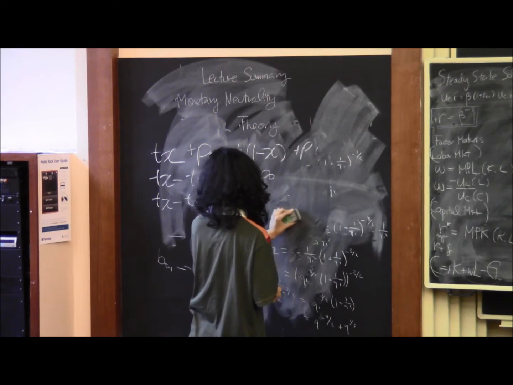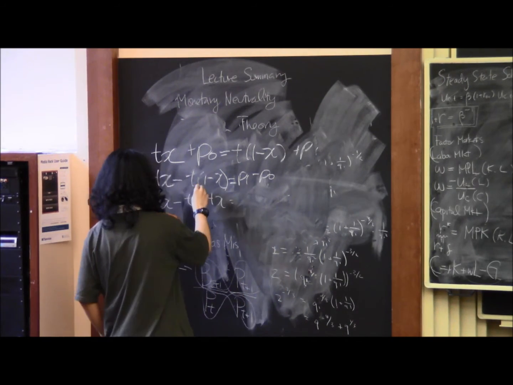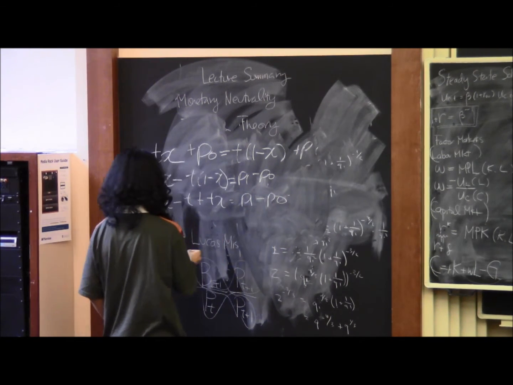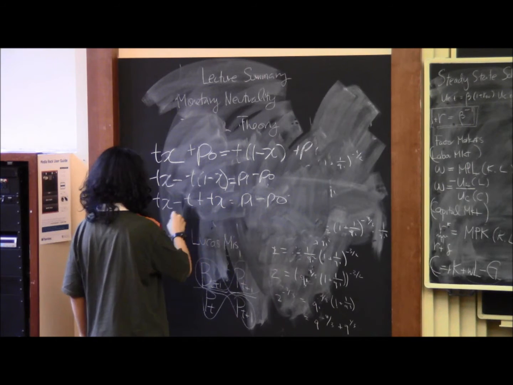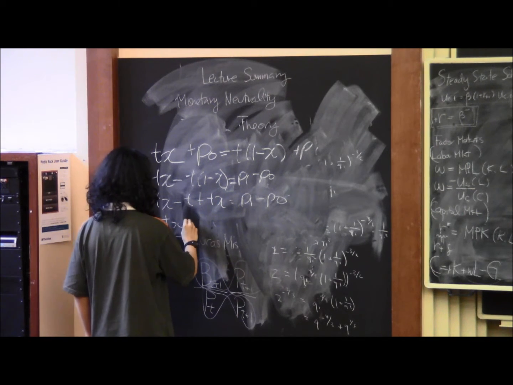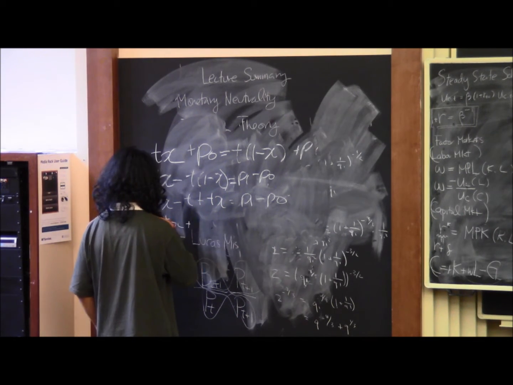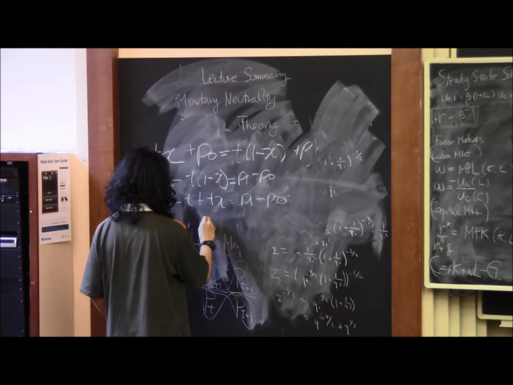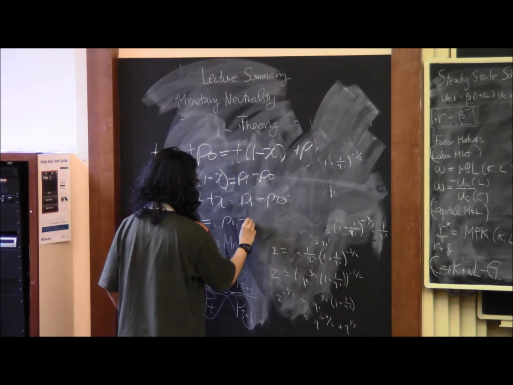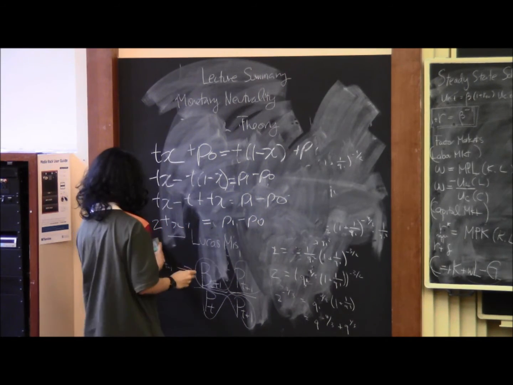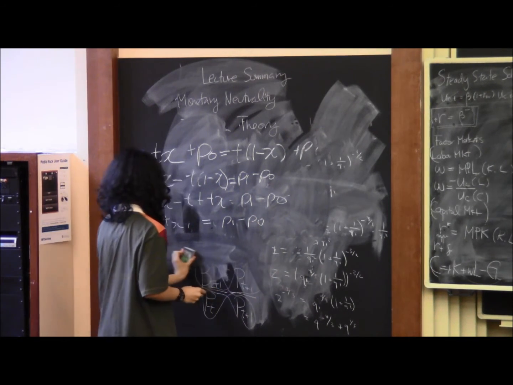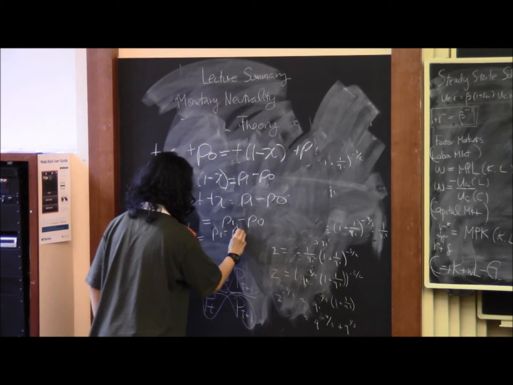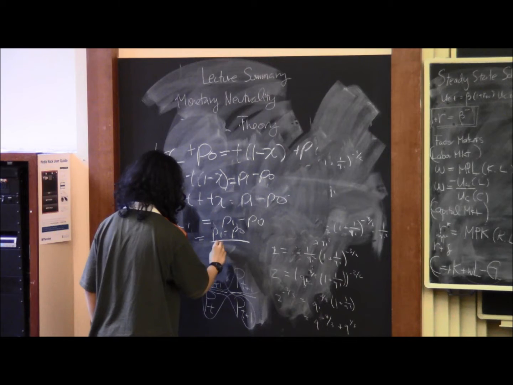You have a double negative, so it needs to be a positive, so it's 2tx. Yeah, you're right. You lost a t.